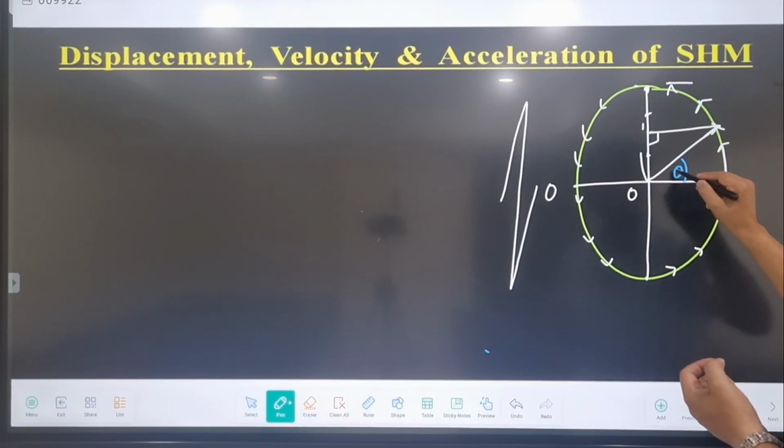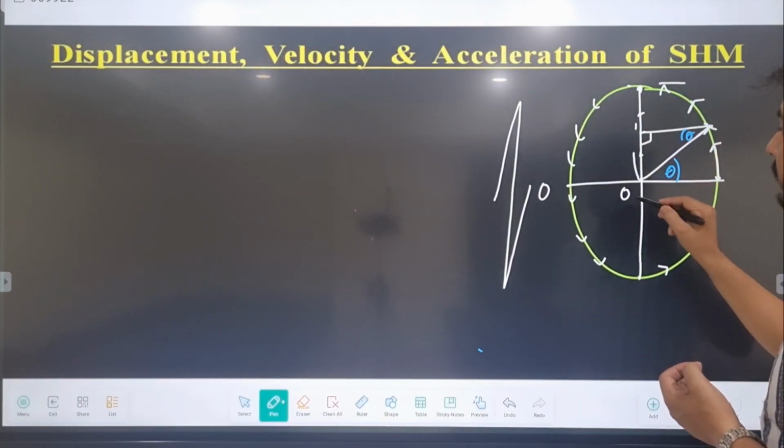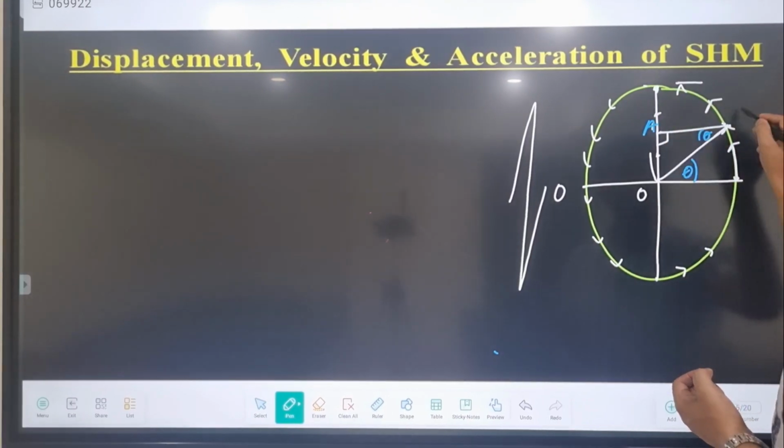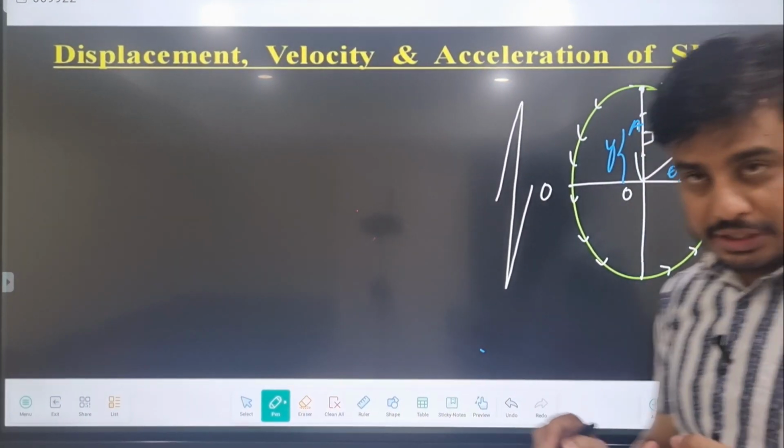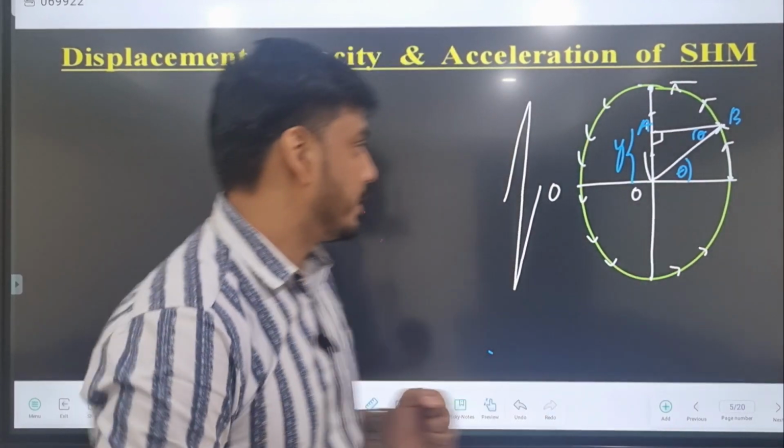If it makes an angle theta, then this angle will be theta. Let me name this point A, this is B. So this is the displacement. So displacement y we have to calculate.